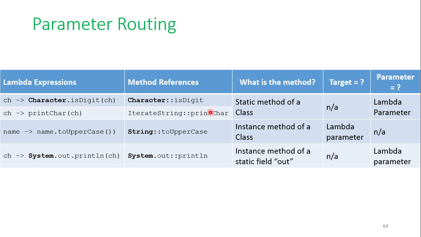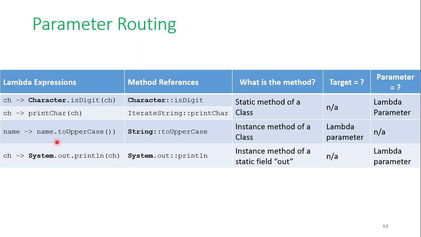So that brings us to our second example, okay? Our second type of method here in the table that you see on the slide is instance method of a class. Examples? Well, when we have a lambda expression like name arrow name.toUpperCase, what we are doing is we take a parameter name, but unlike the two previous examples in the table, we do not pass name as parameter to the method toUpperCase.